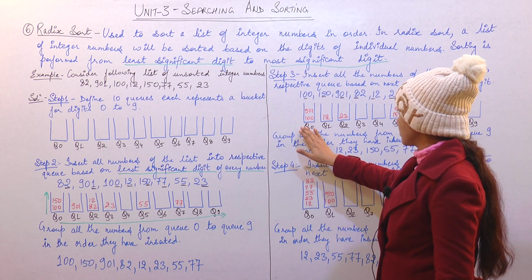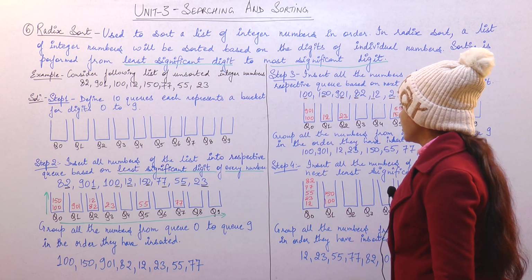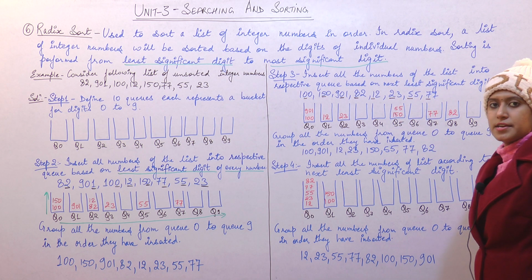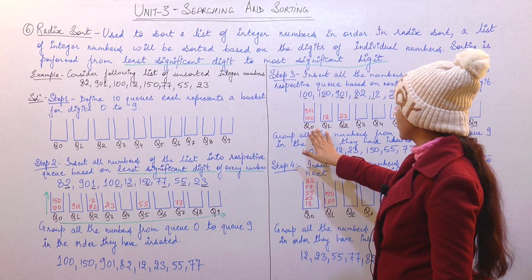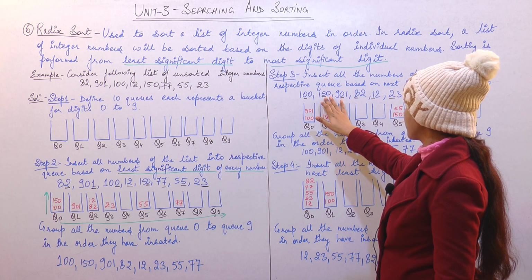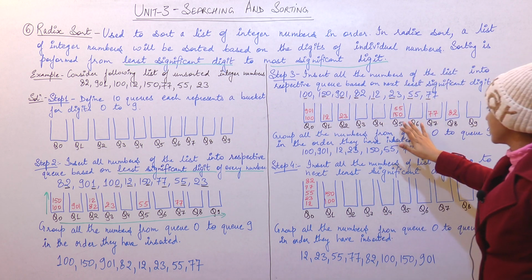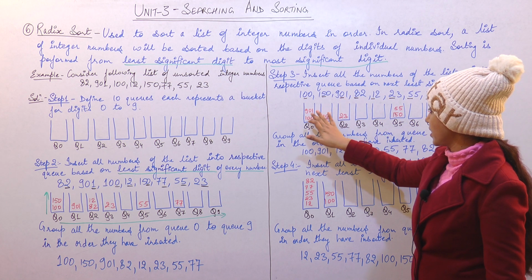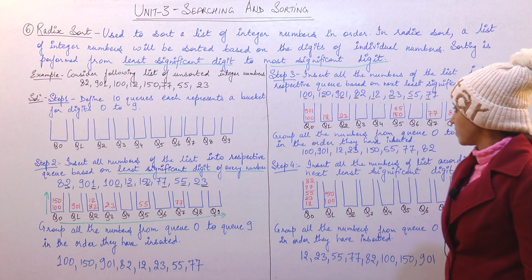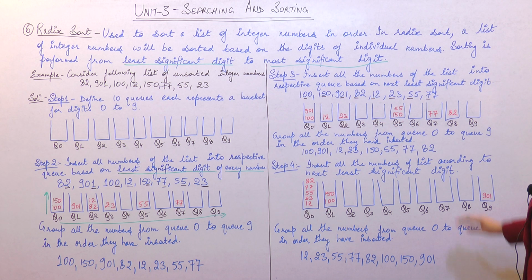Firstly we will insert 100. In 100, 0 is the digit, so 100 will be inserted in Q0. In 150 we have 5, so 150 will be inserted in the Q5 bucket. 901 contains 0, so 901 will be inserted in the Q0 bucket. 82 contains 8, so 82 will be inserted in the Q8 bucket.